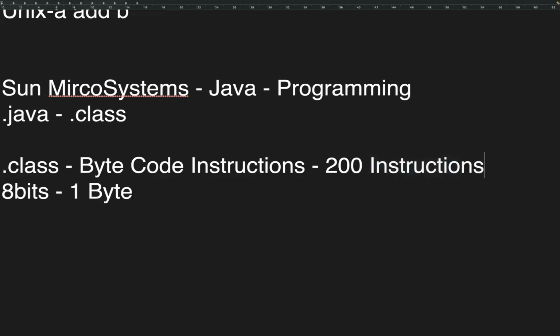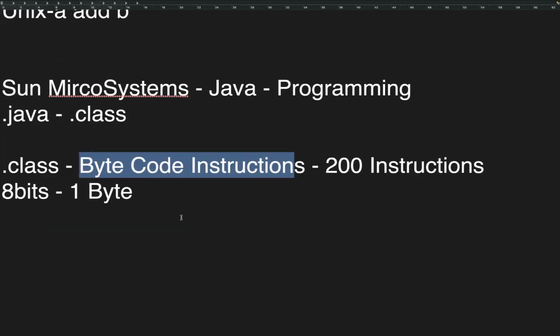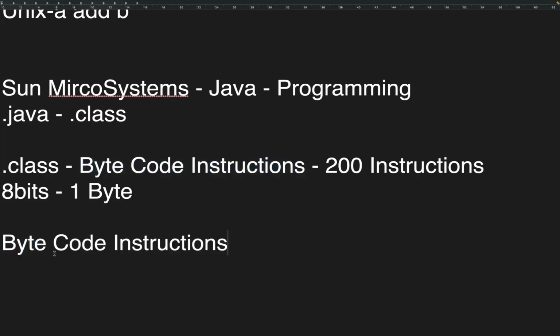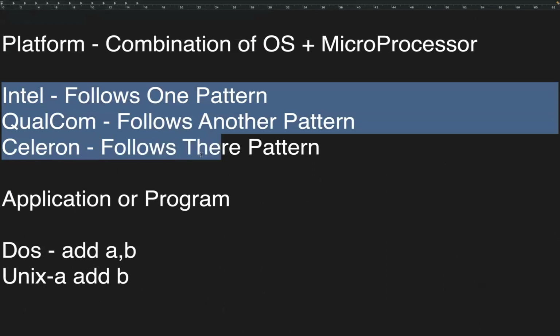Now, to whom are we giving bytecode instructions? This is where the JVM, the Java Virtual Machine, comes into the picture. Bytecode instructions are for the JVM. What is the role of the JVM?